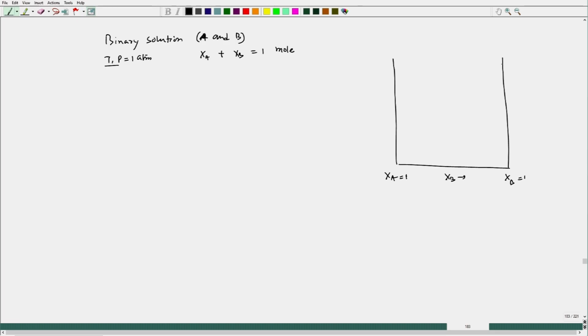Now, we can consider this to be T M B, and let us say this is T M A, as we have been considering that the melting point of metal B is higher than the melting point of A. That is why I have placed the melting point of B on the higher end. Now, I can see the phase diagram would be, I can put this particular temperature a little at the higher point.